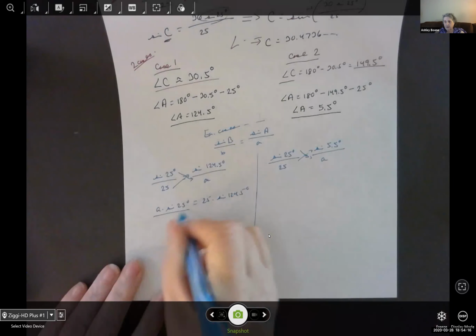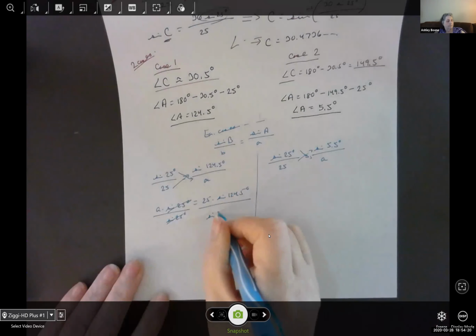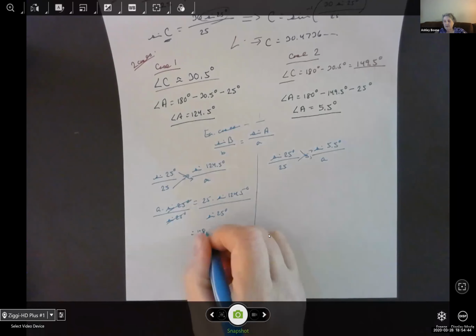Divide by sine of 25 degrees. So we have 25 times the sine of 124.5 divided by sine of 25. And we get 48.75, etc.